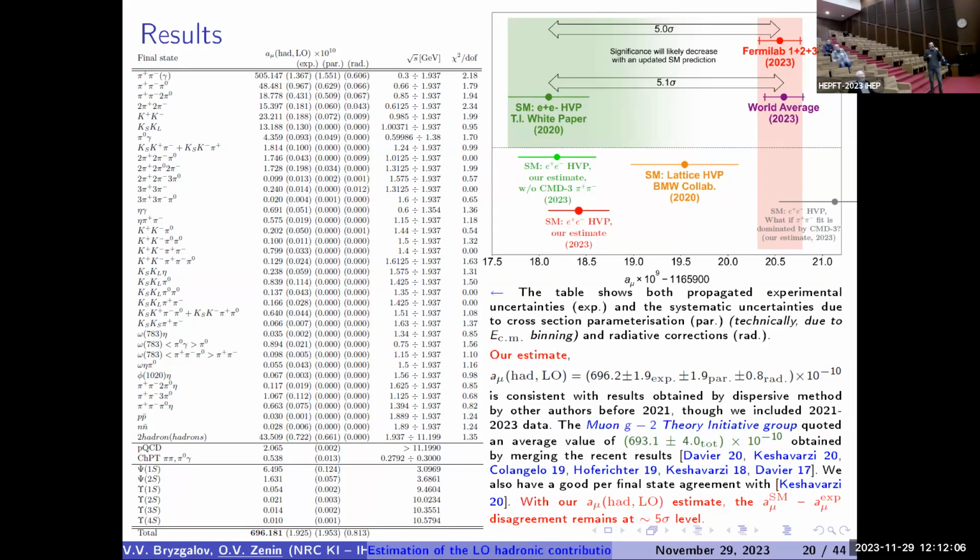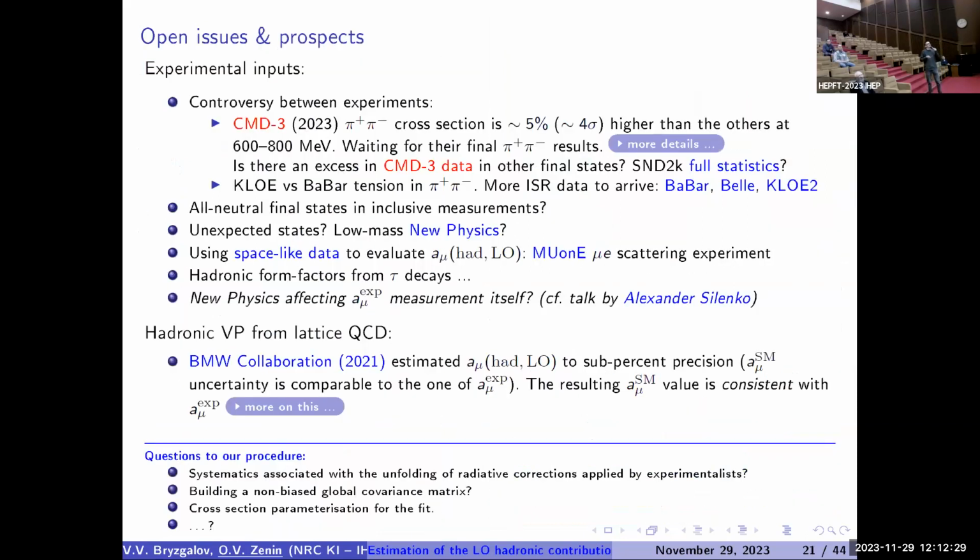The lattice-based estimate of the leading order hadronic contribution is also shown here. You see, it has a remarkable accuracy comparable to the dispersive estimates, and it's somewhat closer to the experimental value. Maybe it has some implications.